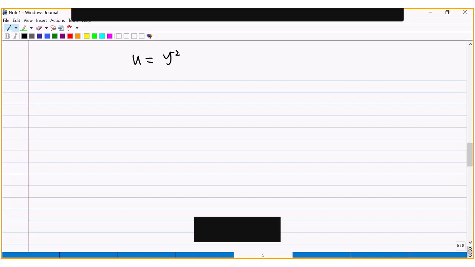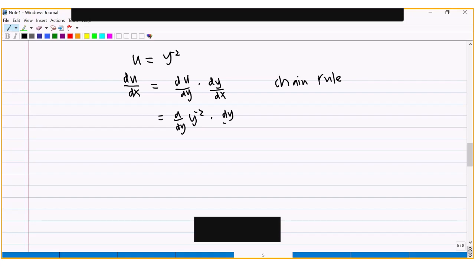So how do you find the differentiation du/dx? Of course, using the chain rule, you can differentiate du/dy first, then times dy/dx. Okay, this is the chain rule. Now u is y power minus 2, so differentiate y power minus 2 times dy/dx now.